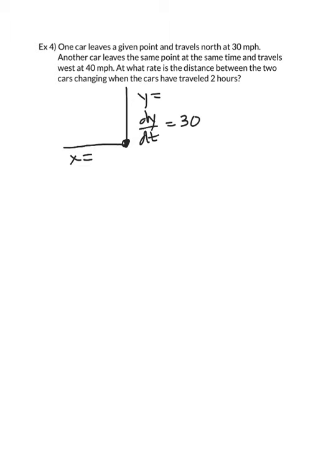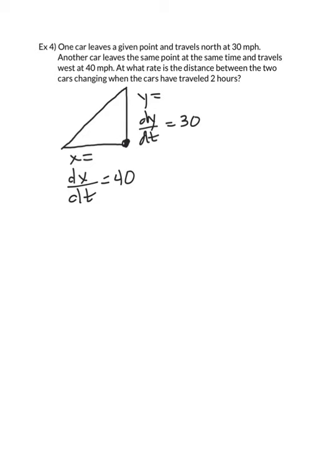And they're telling us that that rate of change in the horizontal distance, dx/dt, is 40. At what rate is the distance between the two cars, that's the hypotenuse, changing when the cars have traveled 2 hours?